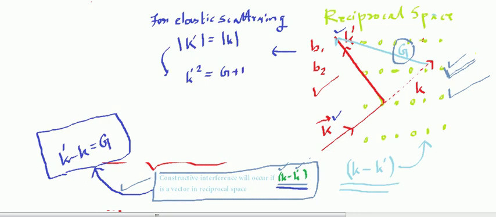This relation comes from the diffraction relation, and this must be equal to the magnitude of k, that is, it must be equal to k square. This is the entire formula for diffraction.